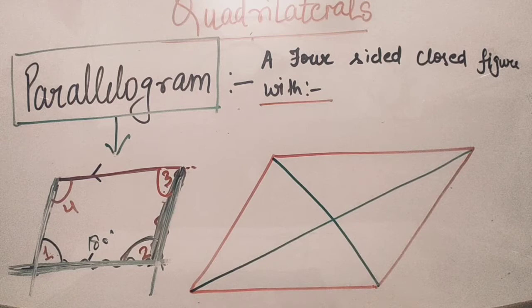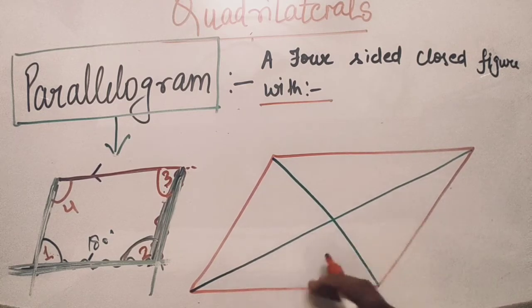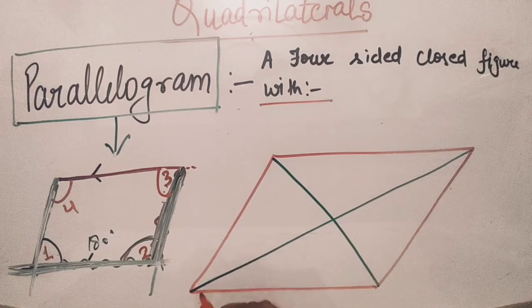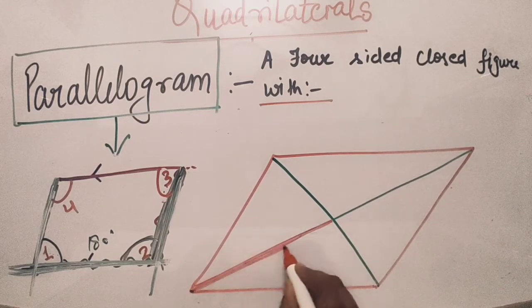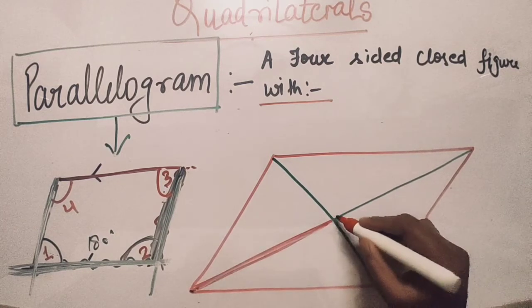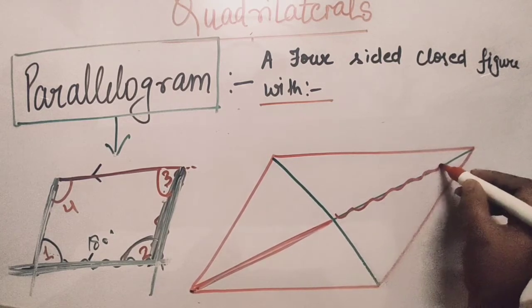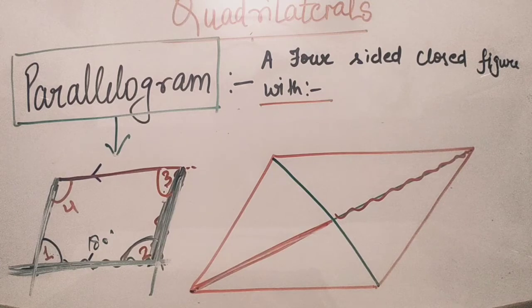Whenever we have any parallelogram with us and we measure its diagonals, what we will get is that this portion of a diagonal will be equal to this portion of a diagonal, right?